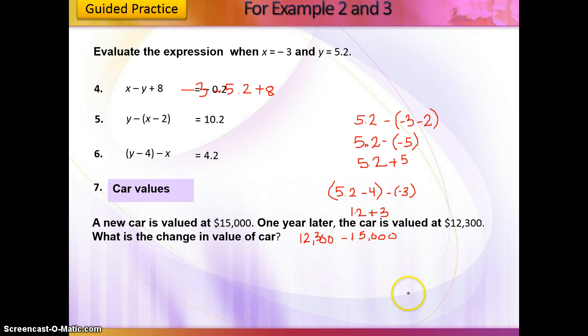So $12,300 minus $15,000 gives me negative $2,700. So the value of the car decreased by $2,700. This concludes our lesson.